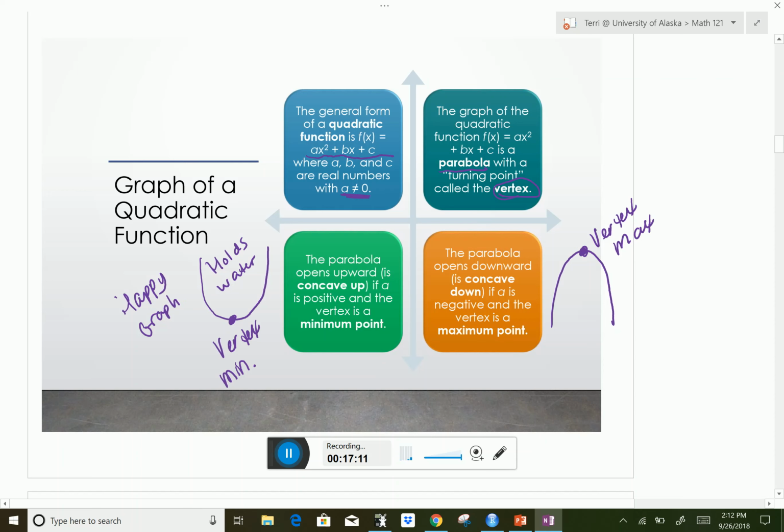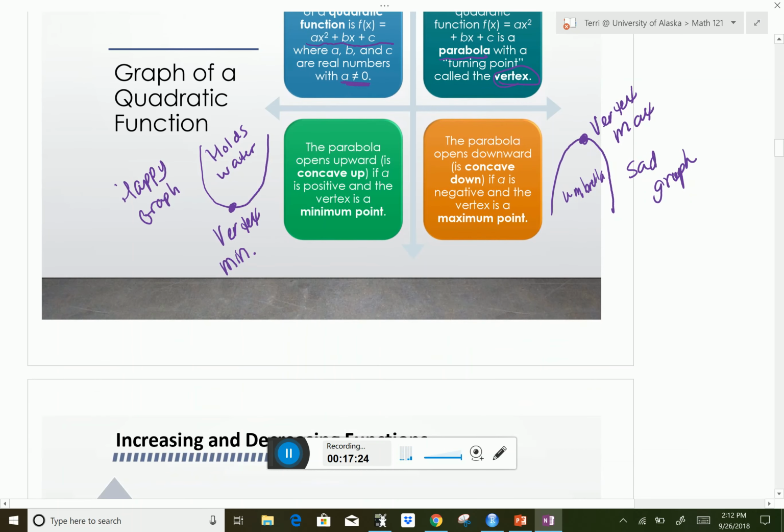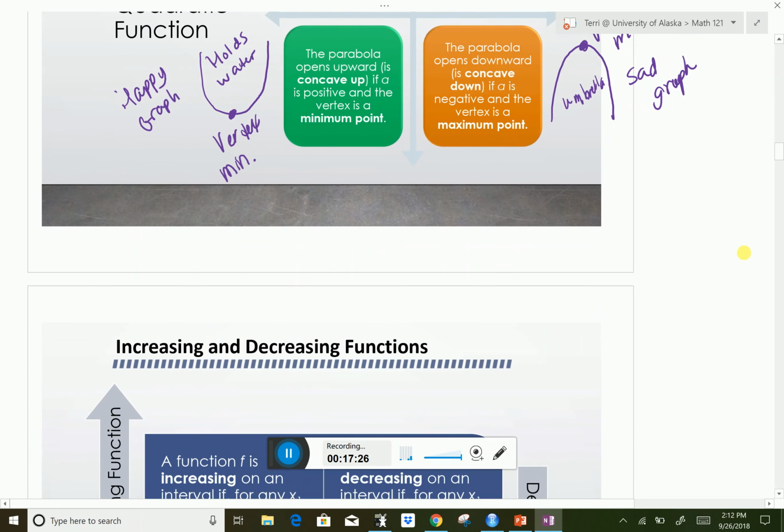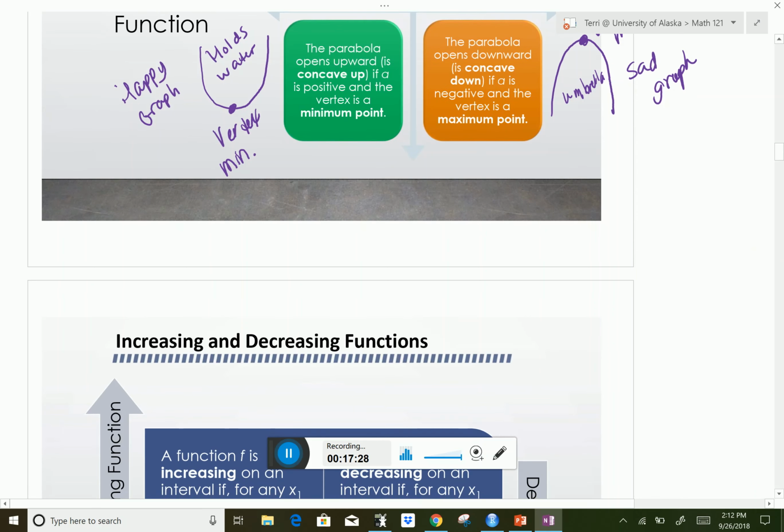And this is more like an umbrella. It doesn't hold water, right? I call this a sad graph. And we know that it's a being positive, so the coefficient of x squared is positive. Here, the coefficient of x squared is negative.